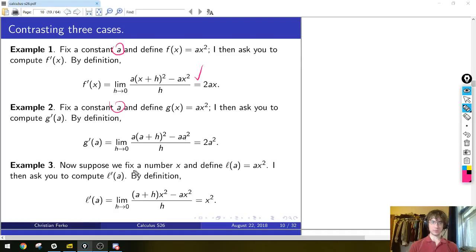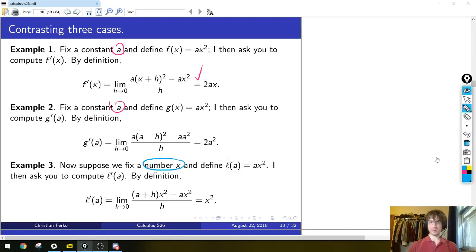Now the most interesting contrast is example 3, where instead of saying fix a constant a, now we say fix a constant x. So now x is in the reals, x is a constant, x doesn't change. For this function, L is a machine which takes in a dummy a and spits out a number. So now a is the variable, x is the constant. What's L prime of a?